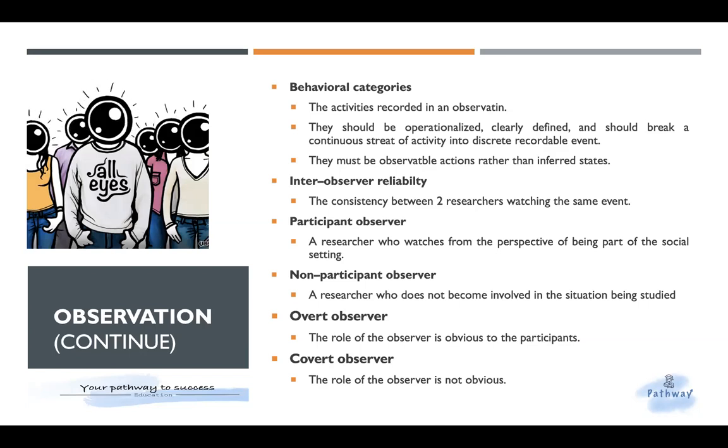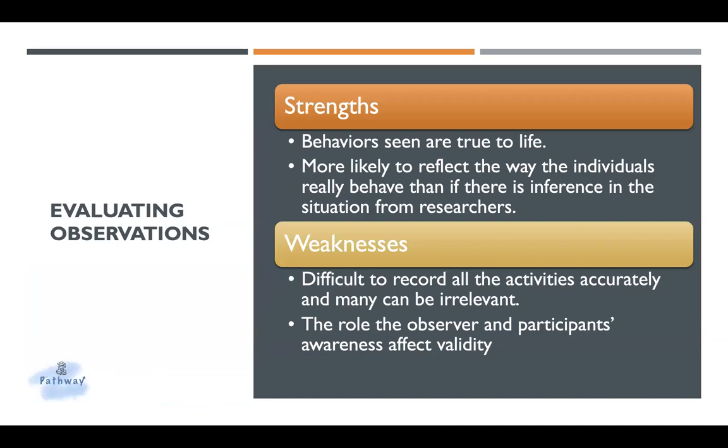So evaluating the observation, the naturalistic observations have the advantage that the behaviors seen are true to life. They are more likely to reflect the way individuals really behave than if there is interference in the situation from researchers, as is the case in controlled observations.